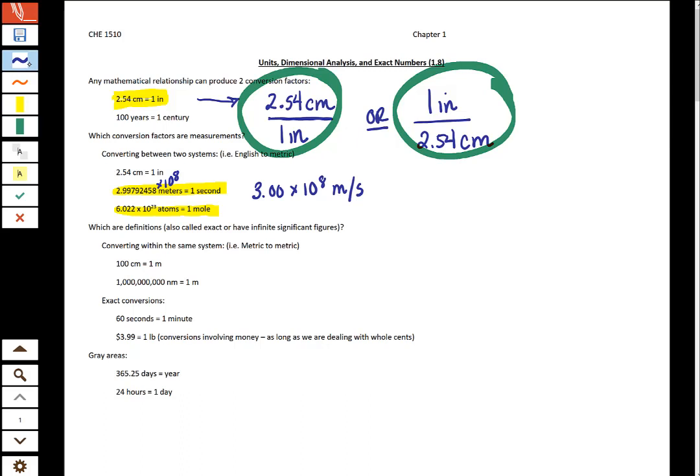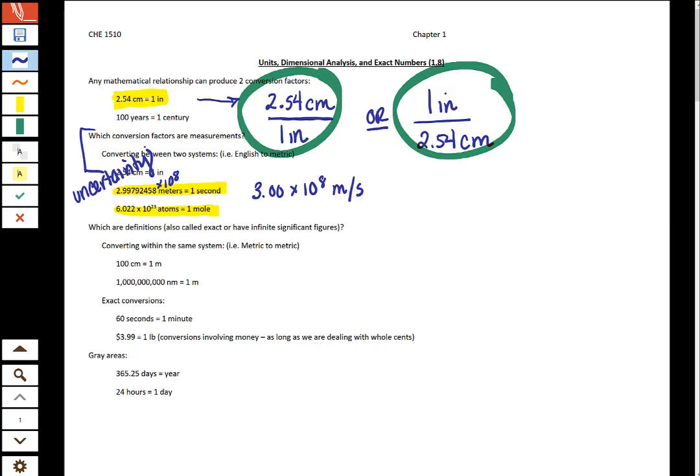So these conversion factors, they are measurements, and because they're measurements, there's an uncertainty to them. And due to the fact that there's an uncertainty, we should be utilizing those as we are reporting significant figures through the end of our calculations.